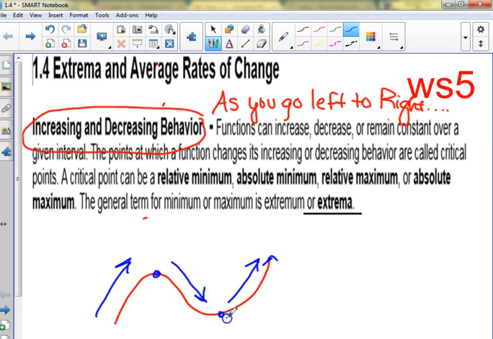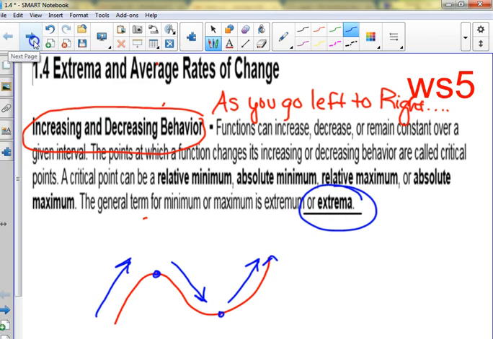I guess the book uses those words. All right, the maximums and minimums are called extrema. That's the fancy word they use to encompass all of those. It just means the extreme values, extreme max, extreme min. That makes sense? So if you see that word, what's extrema? Just means all the maxes and mins.